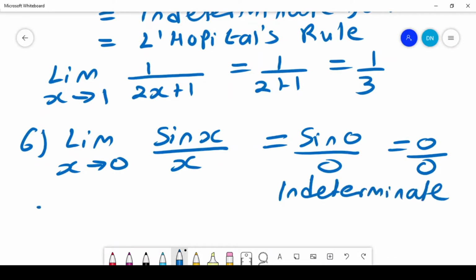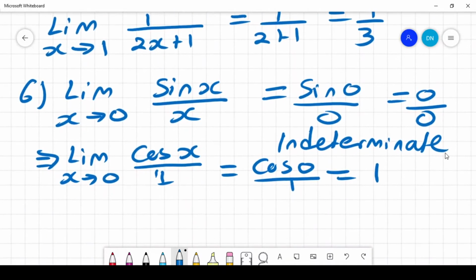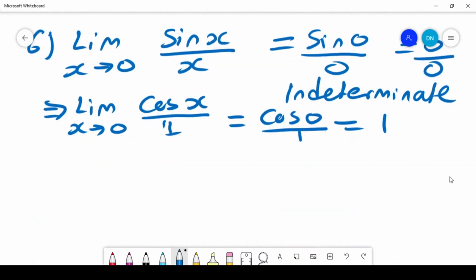So what we do is we get the limit as x tends to 0 of cos x over 1. And if you substitute, it will be cos 0 over 1, which is equal to 1. So whenever you have the indeterminate form, what we use is what we call L'Hopital's rule.